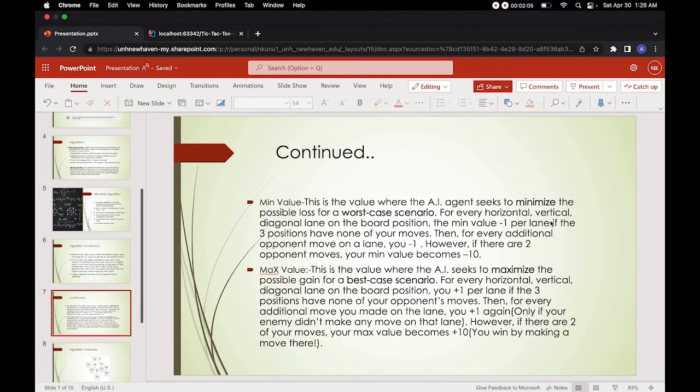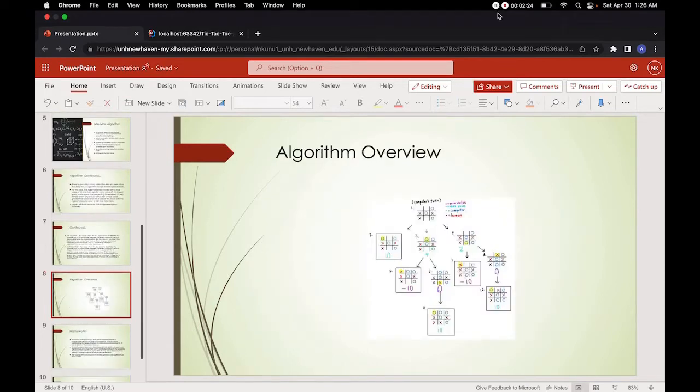And for the max value, the AI seeks to maximize the possible gain for a best case scenario, and for every additional move you made on the lane you have +1 gain. However, if there are two of your moves, your max value becomes +10. That's the key part in this algorithm.